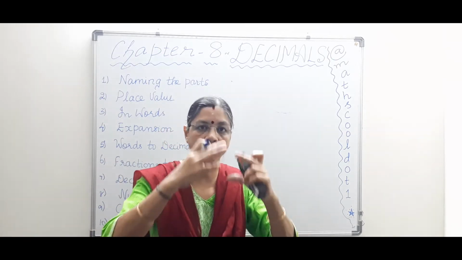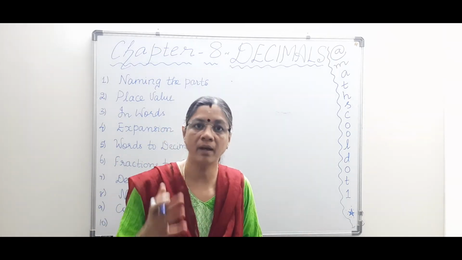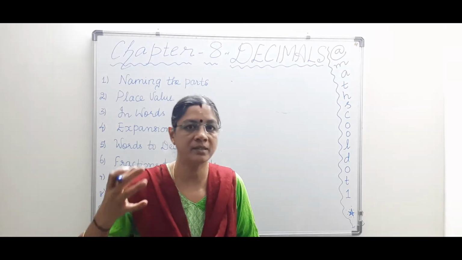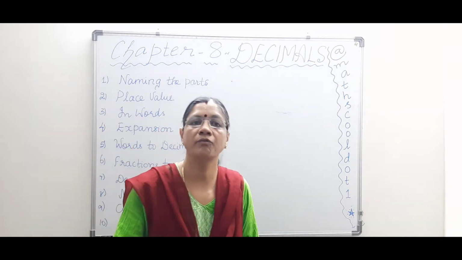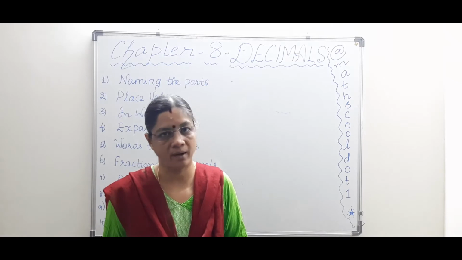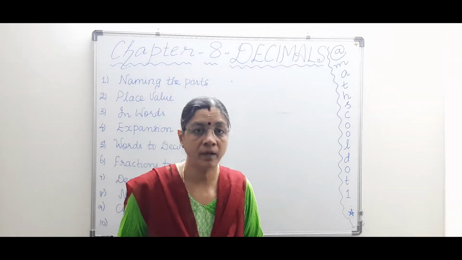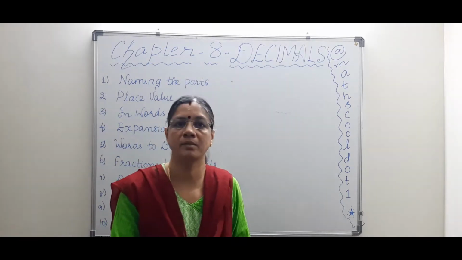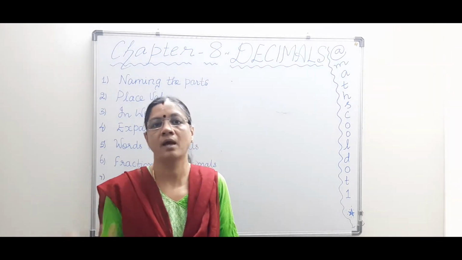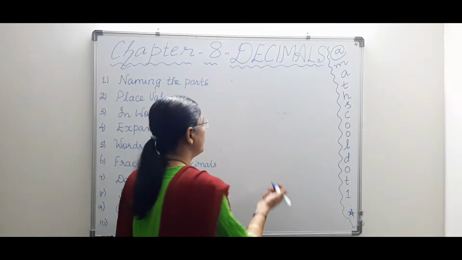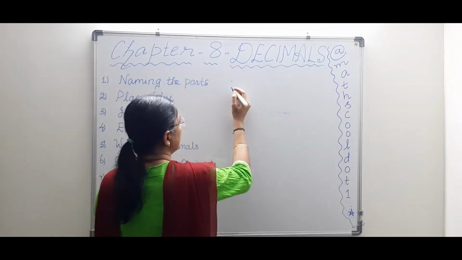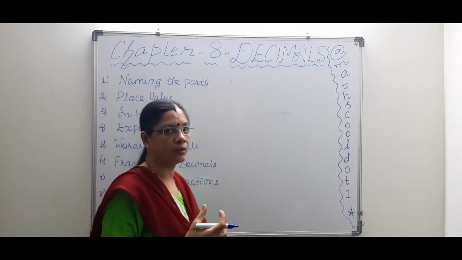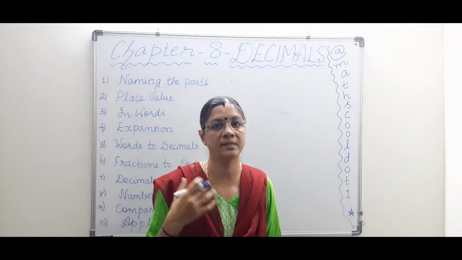The whole number or a whole part is given, and you are dividing it into equal parts, and if some parts are shaded, or if we consider some parts, we write it in fraction. Now, after writing the fraction, what are the representations of fractions? The decimal numbers. We can represent the fractions as decimal numbers. We'll see how do we represent them. Okay, so I'll start with fractions which have denominators as multiples of 10.